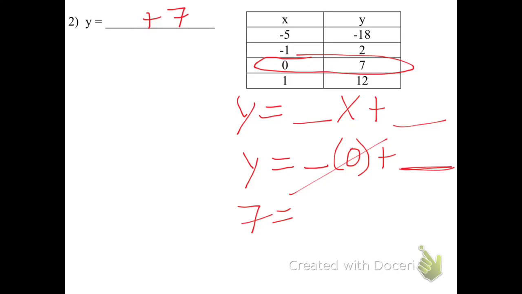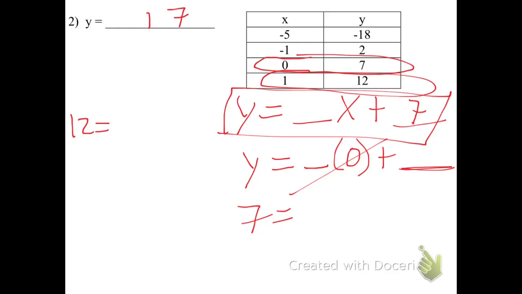And then the next part we need to figure out is what's the number in front of x. So let's look at our equation set up again. We know this is 7. We need to figure out the number that goes in front of the x. To do that, just plug in another one of the points, like this one. If you plug in a 1 for x, you'll get 12. So if y is 12, and then we got something times 1, because x is 1 in this case, and you add 7.